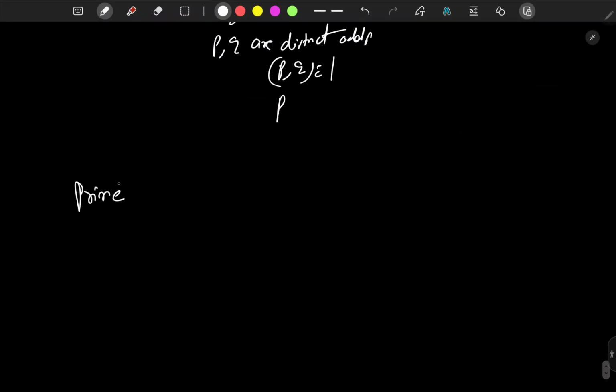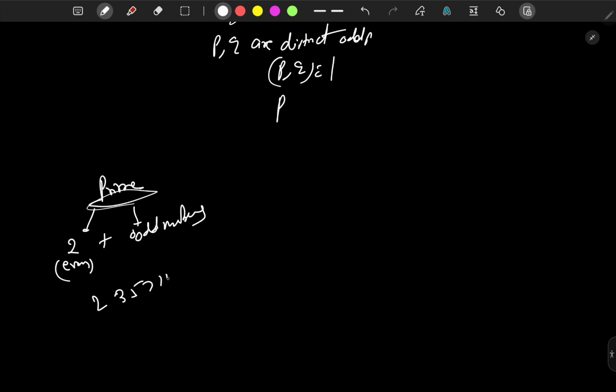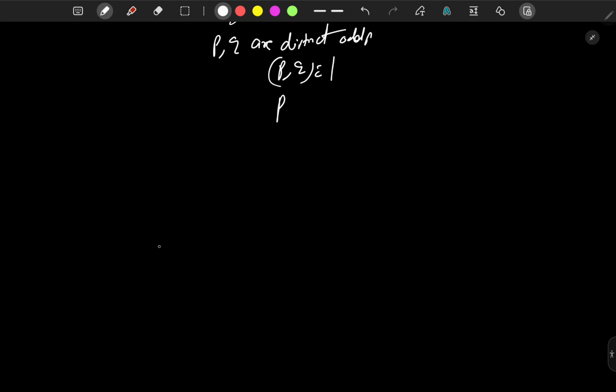First of all, among prime numbers, only one is even and all other primes are odd numbers, like 2, 3, 5, 7, 11, 13, 17 and so on. So odd primes means everything except 2.